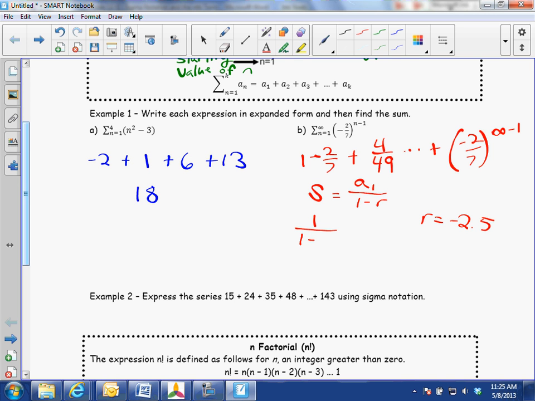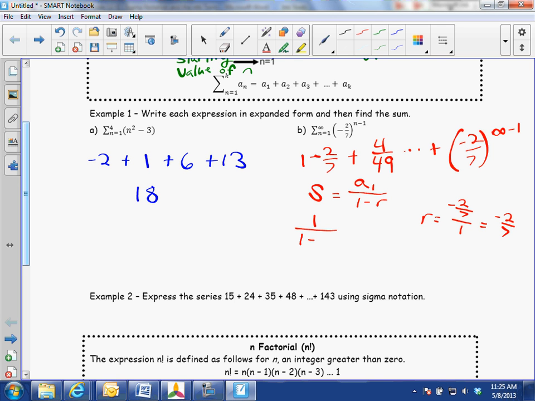How'd you figure out what r is? Negative 2 sevens minus 1, divided by 1... no, that's not it. Divided by... And you get 2 sevens.